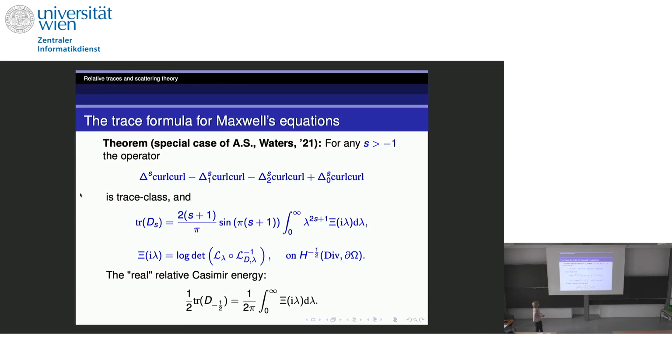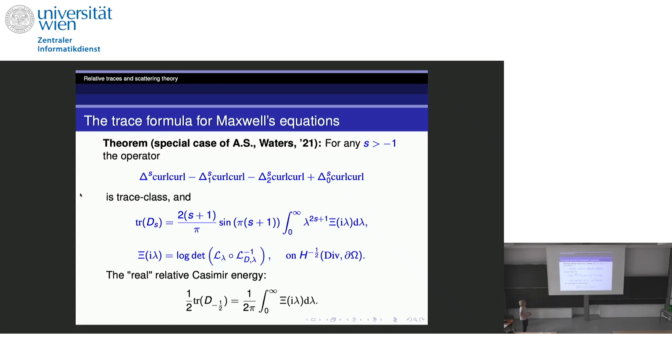We have s is greater than -1, and so we take the Laplacian with all the obstacles in it. We subtract off the Laplacian to some power with only 1 obstacle, with the second obstacle, and then we have the free space one. Curl is so that our space is divergence free, and we're actually looking at an electric field.